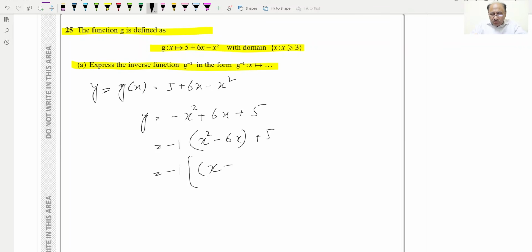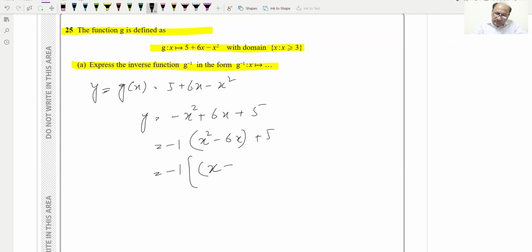If you want revision for this, you can go through the factorization live stream which I did a couple of days ago. You can check the playlist and revise the factorization and completing the square also.